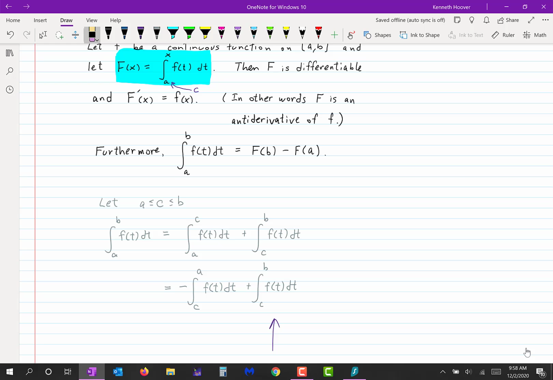Then wouldn't this integral right here just be capital F of B? And wouldn't this integral right here just be capital F of A?